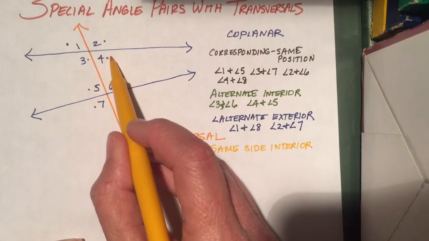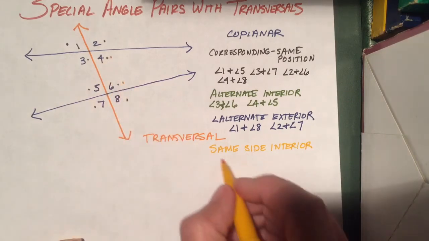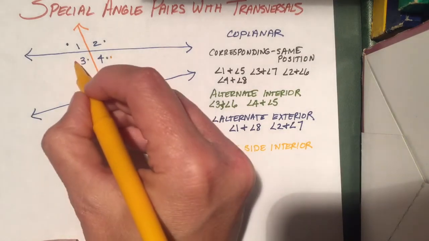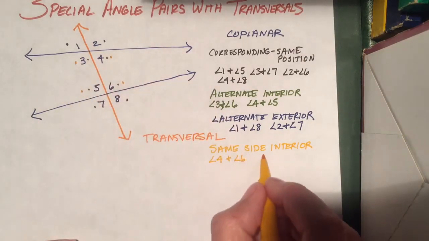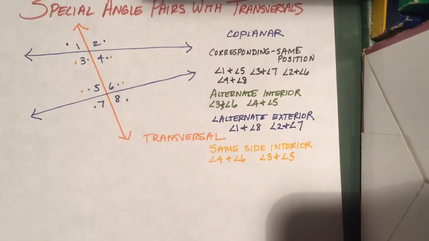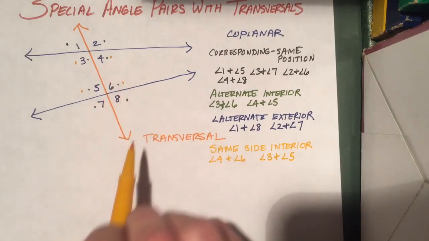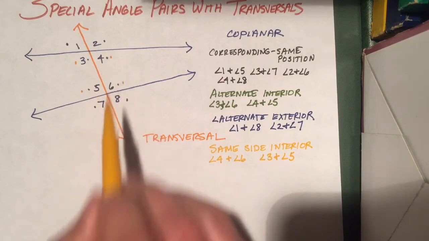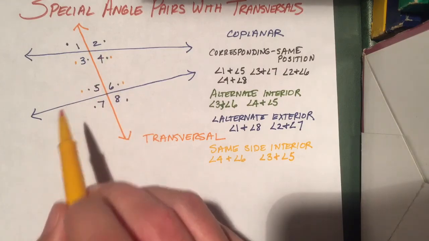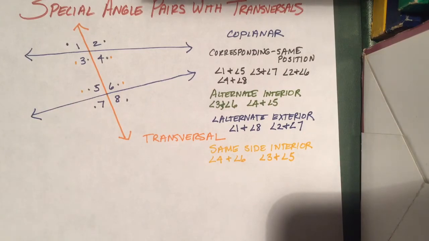So that would be angle 4 and angle 6, and angle 3 and angle 5. Angle 4 and angle 6 are both on the right side of the transversal, and they're both on the inside. Angle 3 and angle 5 are both on the left side of the transversal, and they're on the inside. So it's not meant to trick you. You should be able to see it.